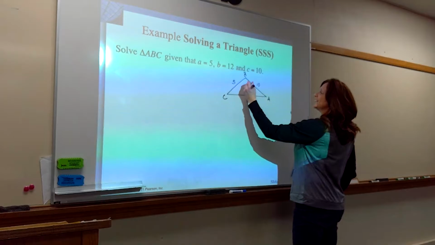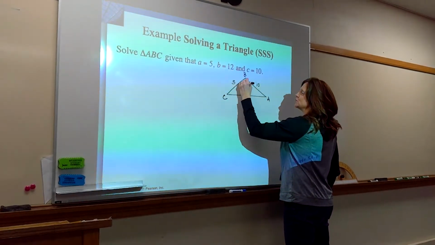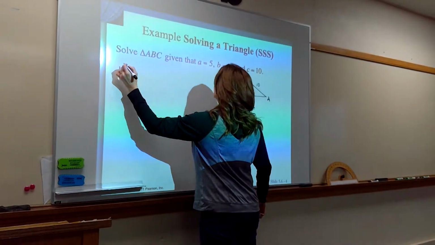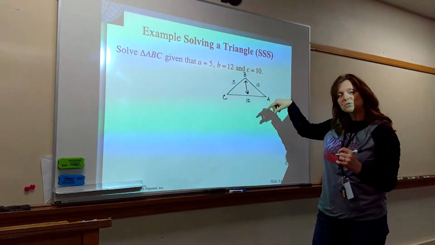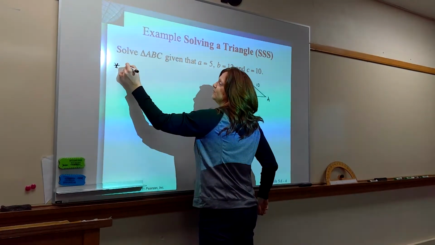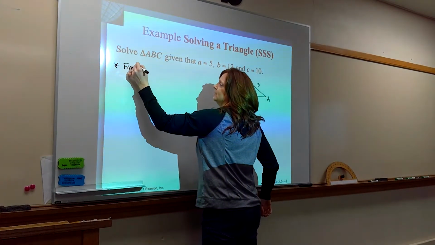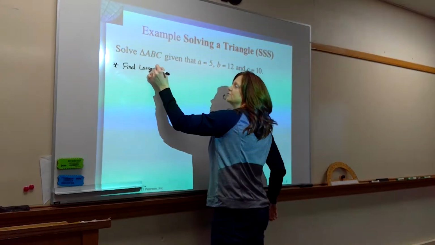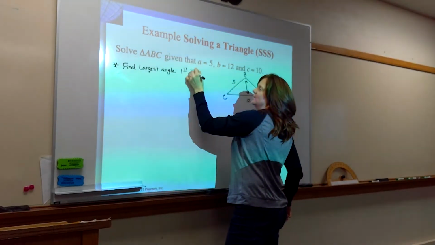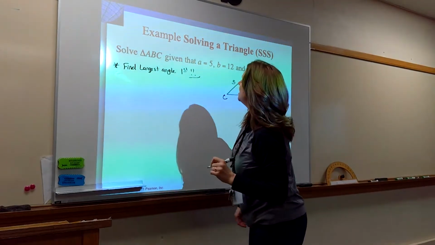But law of cosines can find obtuse answers. So you want to find the obtuse angle first, or the largest angle first. I don't know if it's going to be obtuse, but I know it's going to be the largest one. So that's very important: find the largest angle first when using law of cosines. Make sure you do that first.